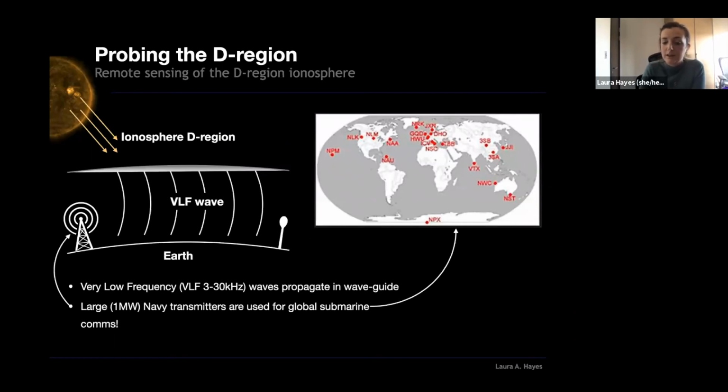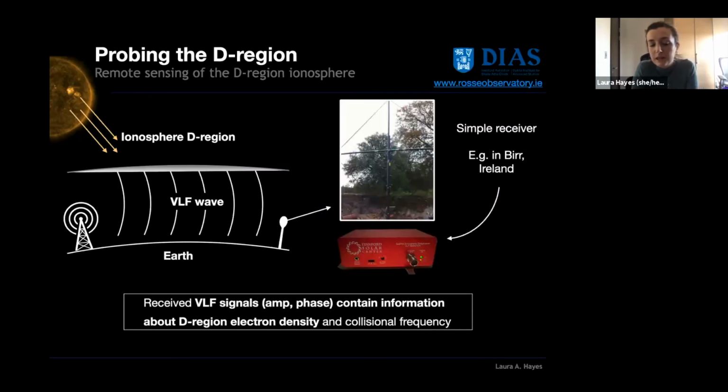What we can do is set up little receivers to pick up these different frequencies, only the amplitude and phase, and monitor different paths over the ionosphere to see how they change in response to a solar flare. When we look at these amplitude and phase measurements, we can use them together with theoretical models of the electron density in the D region to quantify this electron density, and particularly also look at the collisional frequency.